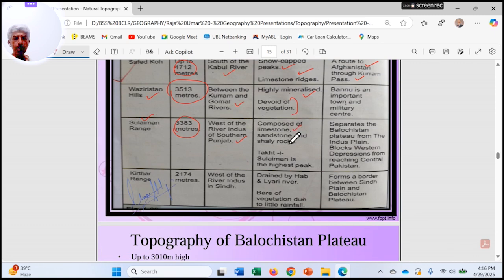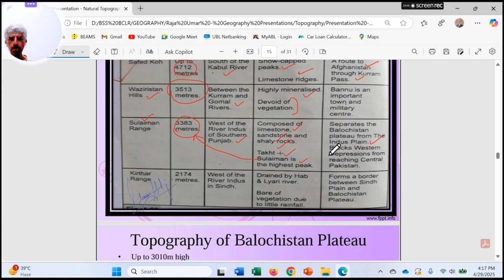Composed of limestone, sandstone and shale rocks. Takht-e Suleiman is the highest peak over there. Separates the Balochistan plateau from the Indus plain, Punjab region. As I told you, this is the border between Punjab and Balochistan.